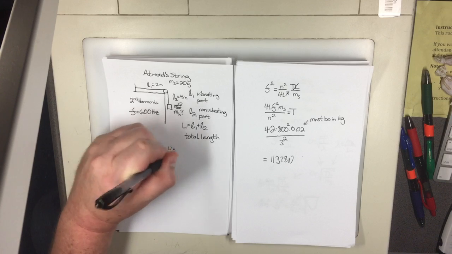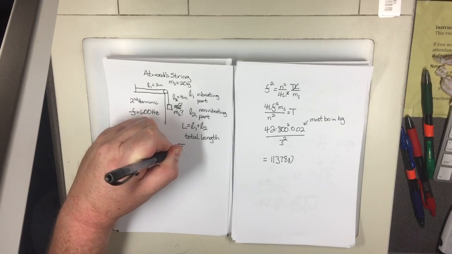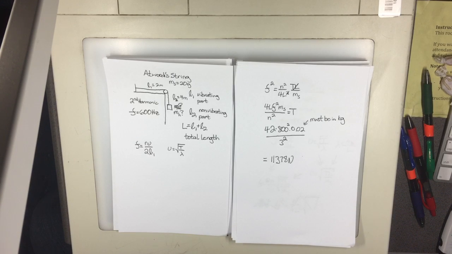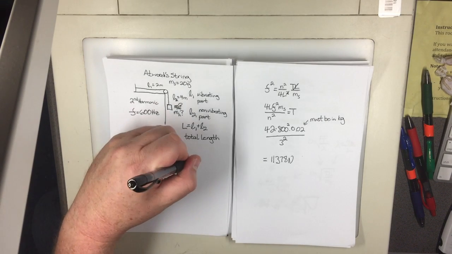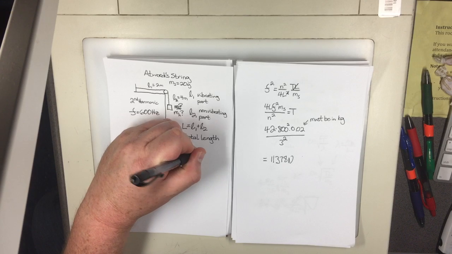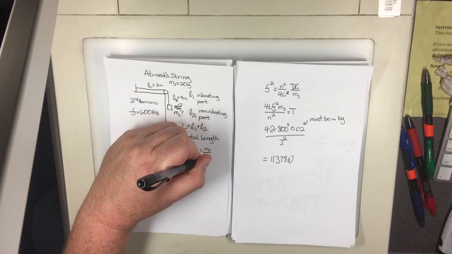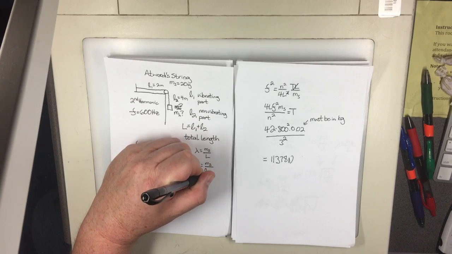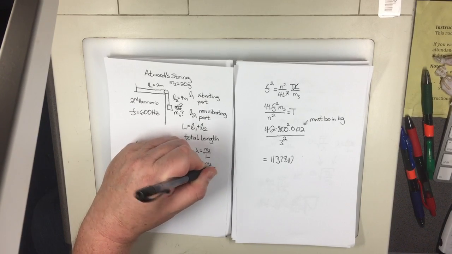Well, V is the square root of tension over lambda. Now let's go with lambda is equal to the mass of the string divided by the total length, or mass of the string divided by L1 plus L2.